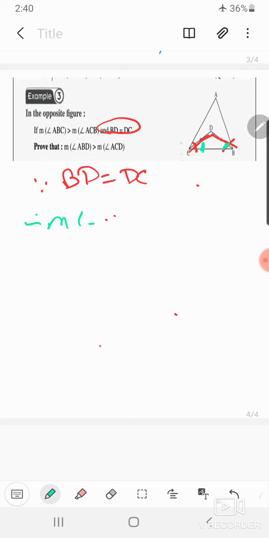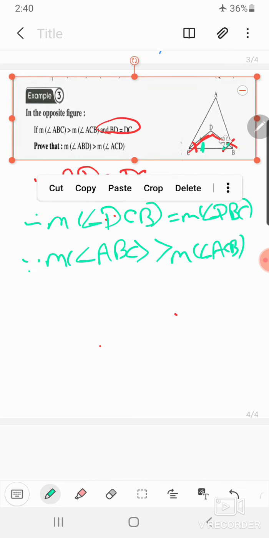Therefore, measure angle DCB equals measure angle DBC. Understand till now? And I will write the given, which is since measure angle ABC is greater than measure angle ACB. Understand till now? Now let's see what he wants.